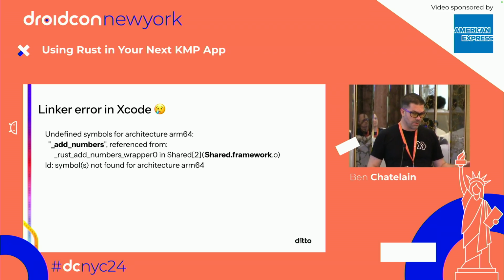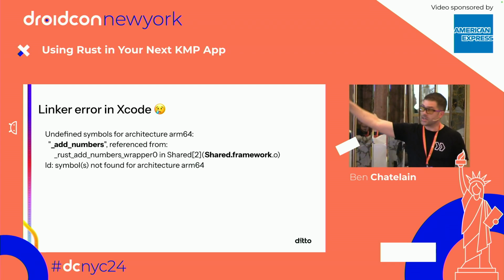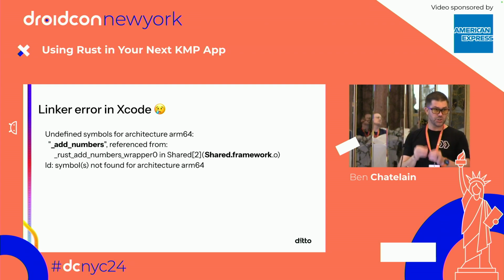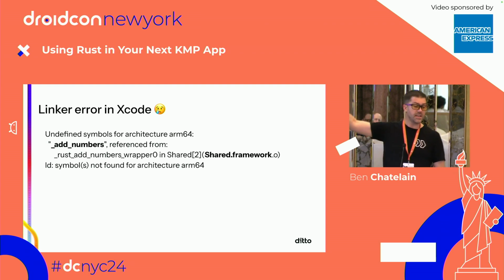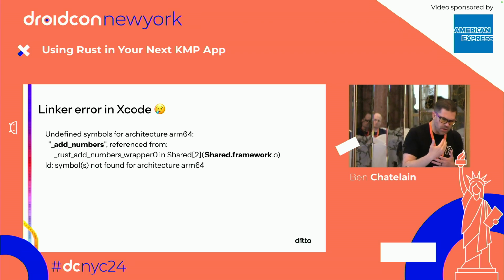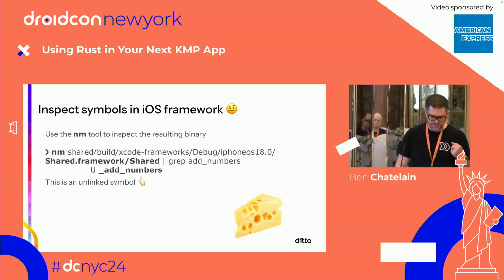Either the symbol's not found, or you're talking to the wrong architecture. In this case, I'm talking to the right architecture because there'd be a line in there that says the architecture's not found. But always go back and look, because a lot of people jump and think it's the architecture, but in this case, it is the symbol. Notice it's _add_numbers. Shared framework is linking to some Rust add wrappers, is trying to call this add_numbers, and it can't find it. So this is a linker problem.